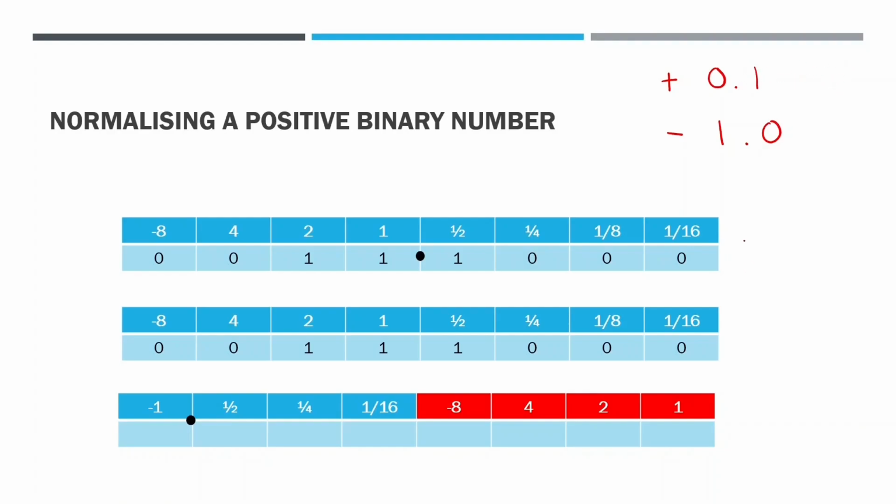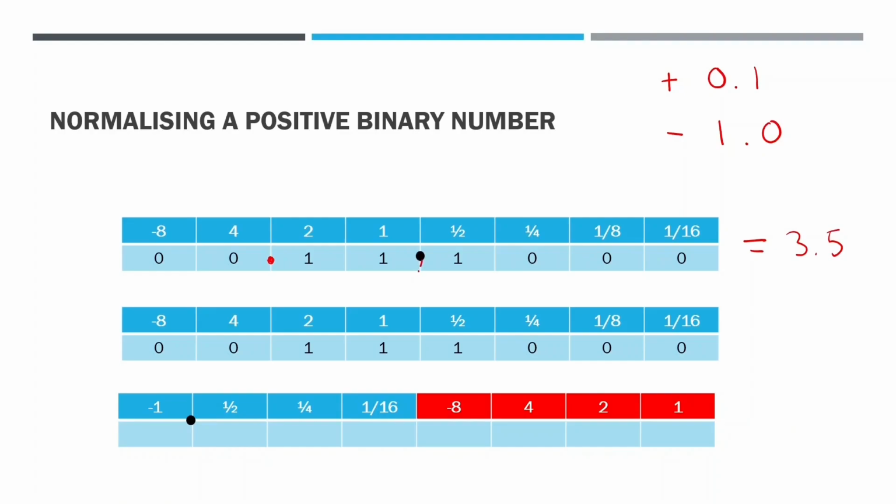So let's take this number here, which the eagle-eyed of you will see is 3.5. So this is a positive binary number. It's slightly different. I'll go through the processing of one in a minute, but let's just do this one. So 3.5, okay? Essentially, we want the dot to be here, right?